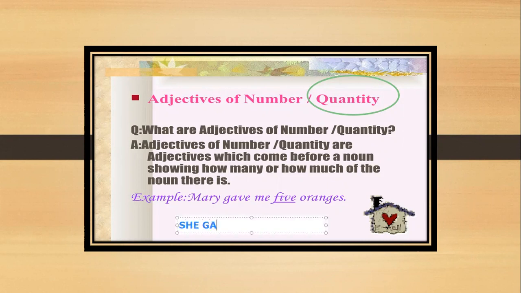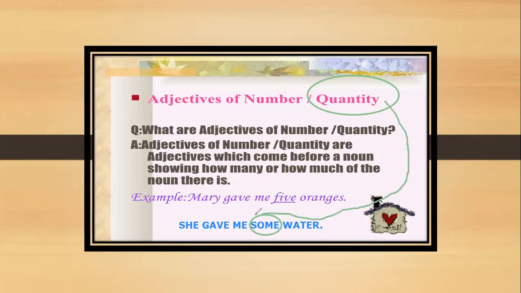She gave me little. Okay, let's say she gave me some water. Instead of little, let's say she gave me some water. So in this sentence, the word some is the adjective of quantity. Okay, keep in your mind this word.